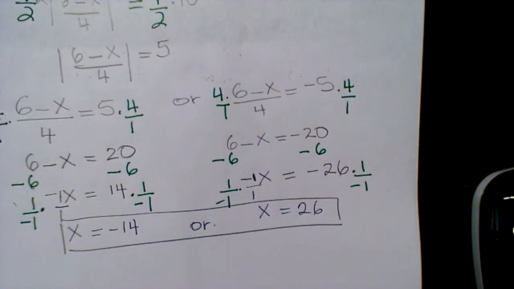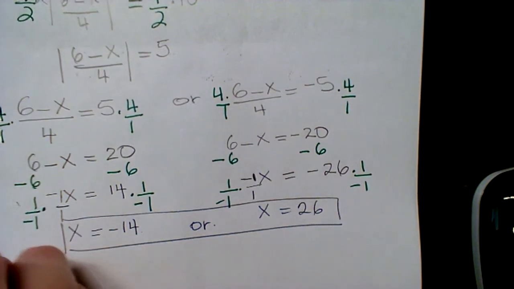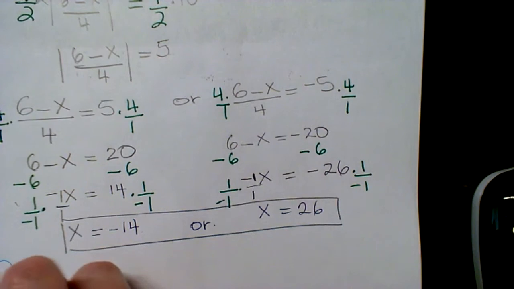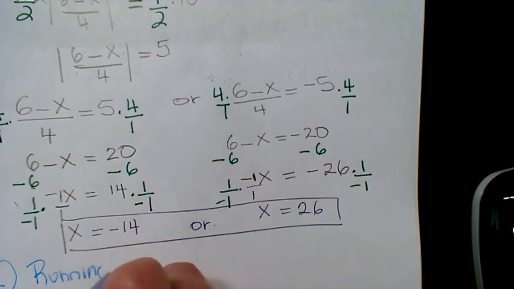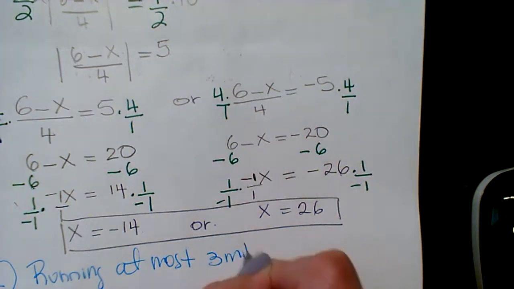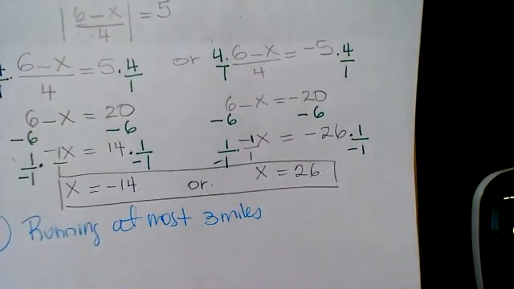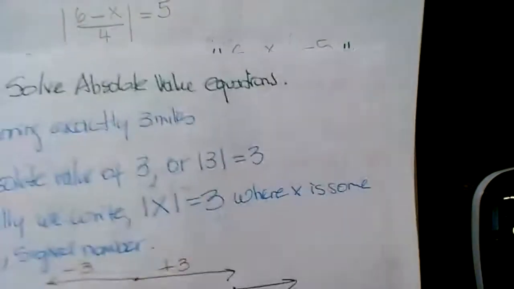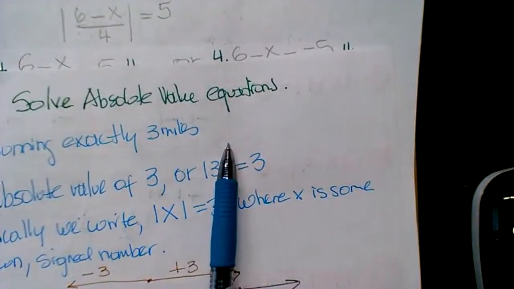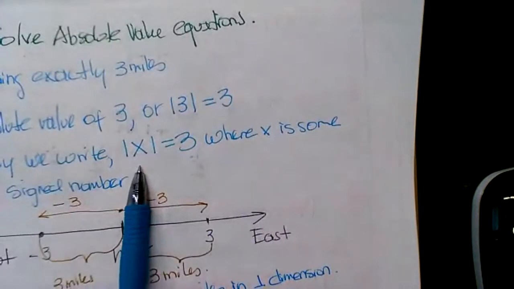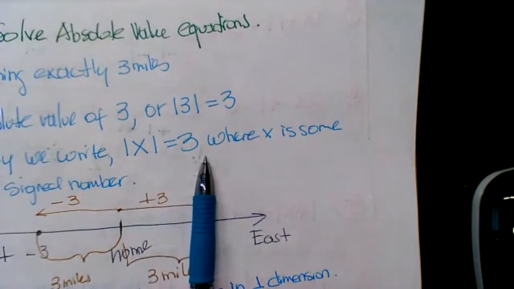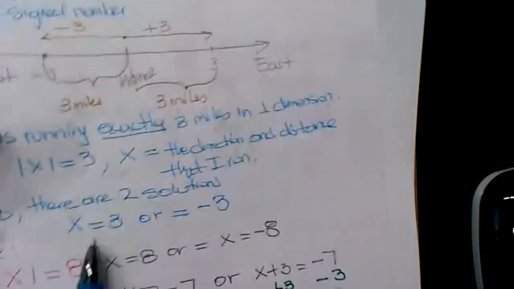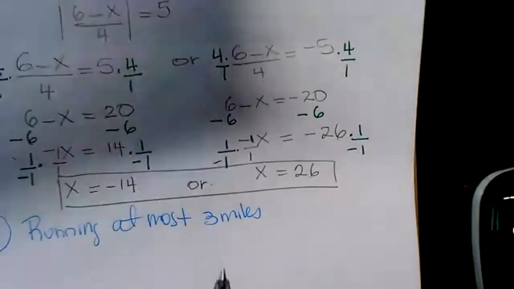That's the second one. The first one was running exactly 3 miles, where we have the absolute value equal to 3, meaning x is equal to 3 or negative 3.